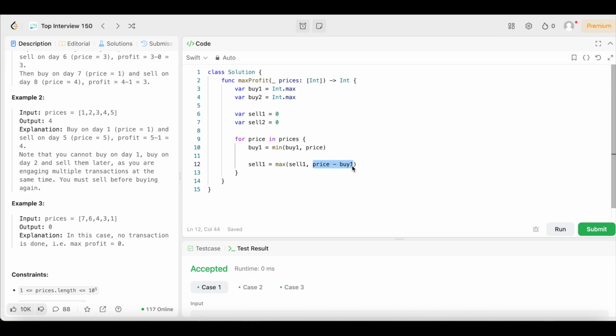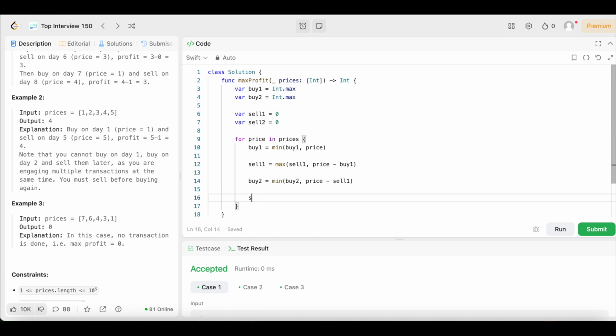Now we need to find the minimum price for the second buy, and this is adjusted based on the profit from the first sale. So we'll say buy2 equals min(buy2, price - sell1). Boom. And now we need to calculate the maximum profit from the second transaction.